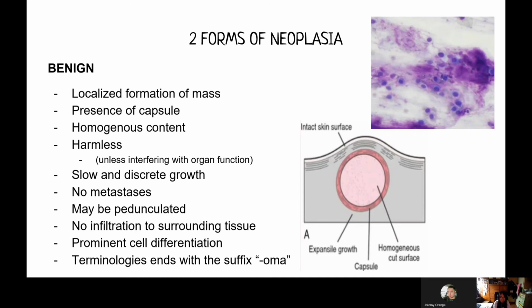Okay, so for the generally harmless part, if the benign neoplasia or tumor grew, let's say, in the renal artery, as we all know, the renal artery supplies blood to the kidneys. If it grew there, ang mangyayari is there will be ischemia. So pag nag-progress yung ischemia, pwedeng magkaroon ng kidney failure kasi wala nang na-deliver na oxygenated blood doon sa kidney. Okay, so that's an example.